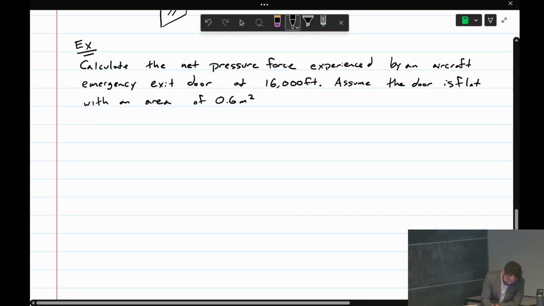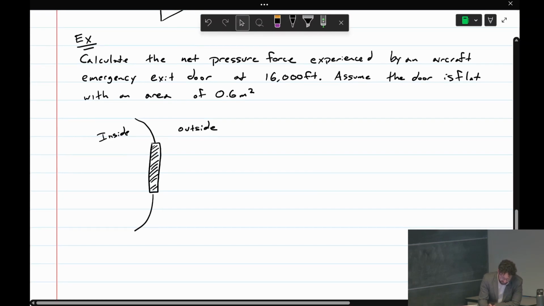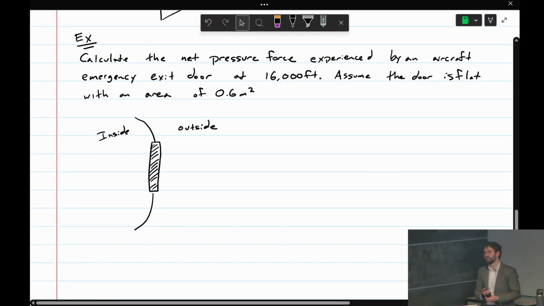I'll draw the picture now. The hull of the aircraft is kind of curved like that. We're going to assume we have a flat emergency exit door here. This is inside the plane, and that's the outside air. There's a pressure inside the plane, an atmosphere in there that people can breathe.